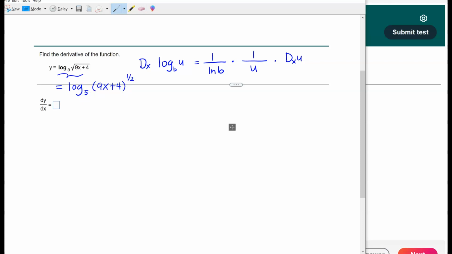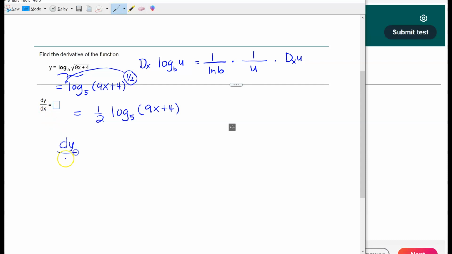So we can use the power rule, properties of logarithm. You can bring this over here, so that is equal to 1/2 times the logarithm of 9x plus 4 base 5. And now, after you have applied that property, then you can talk about finding the derivative.